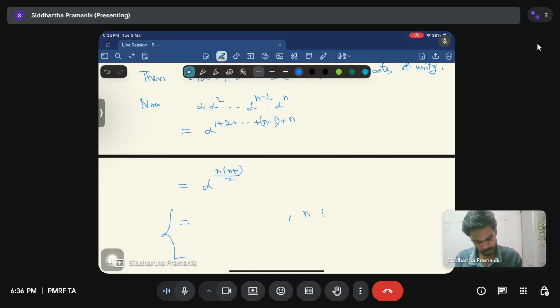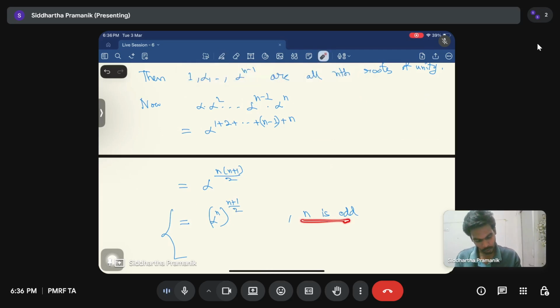So n is odd. So when n is odd, basically it is alpha power n whole power n plus 1 by 2. So since n is odd, n plus 1 is even.